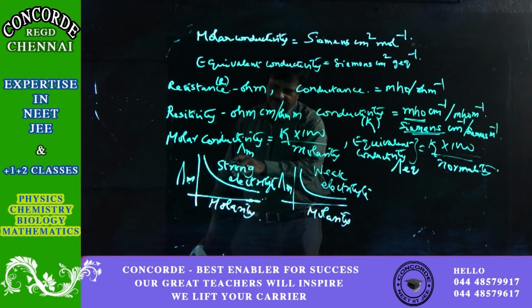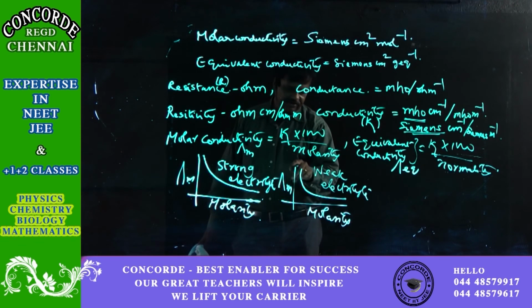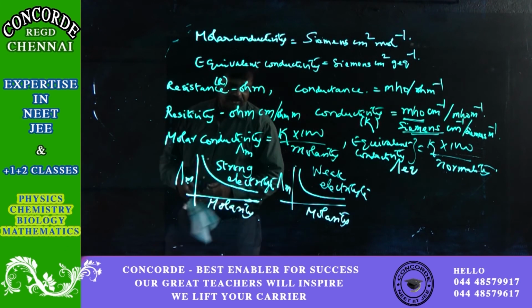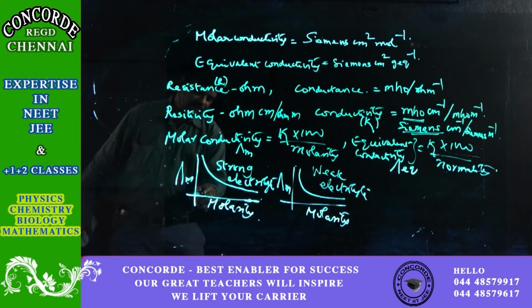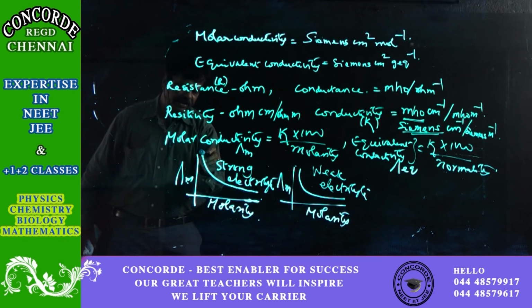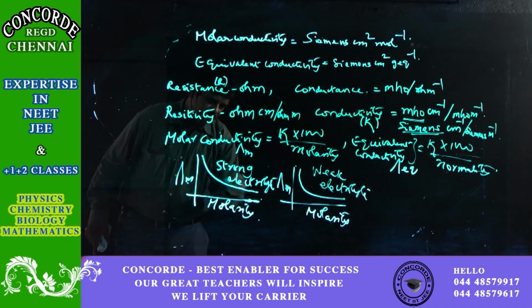As you see, the graph is coming down for strong electrolytes, and for weak electrolytes also it will be like this. What you infer from this graph: here molarity will be 0, slowly molarity is increasing, whereas here molar conductivity is very high, and slowly the molar conductivity falls.